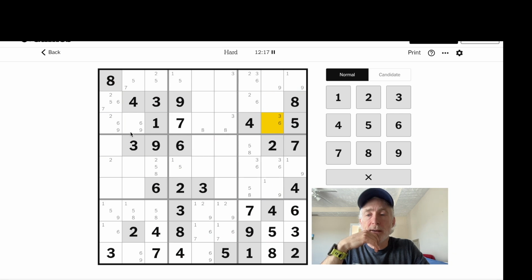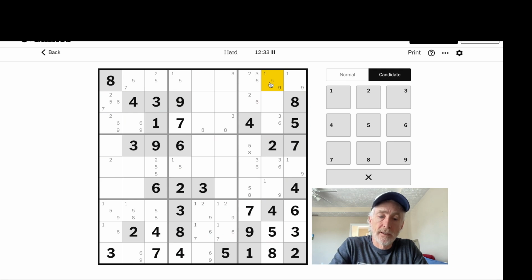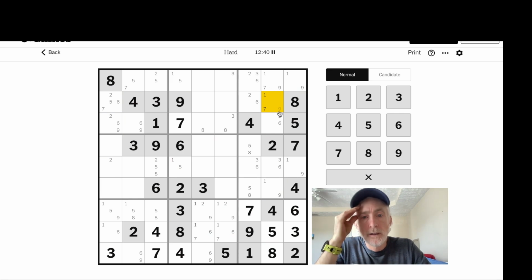It can't be 9 because of the 9s we just marked over here. So this is a 3, 6 only. That matches up with this 3, 6. So in the remainder of the column, these 2 cells can only be a 1, 7, 9. This can only be 1, 7.